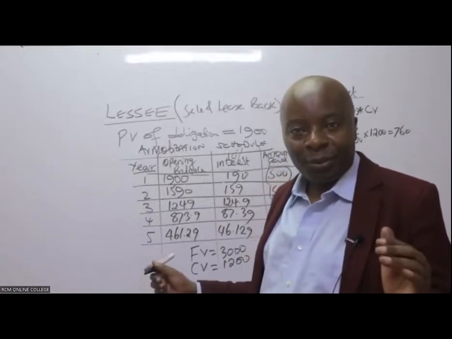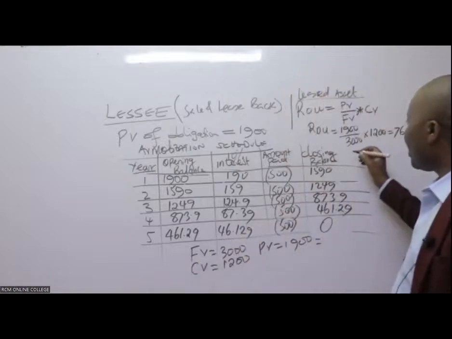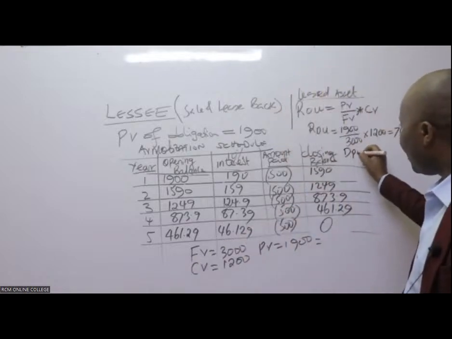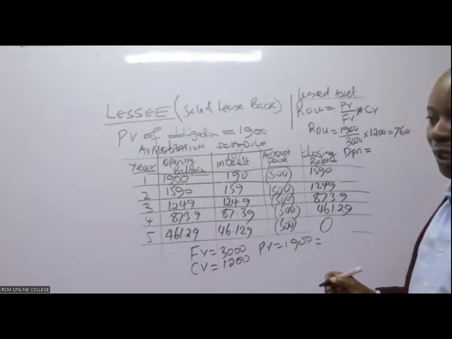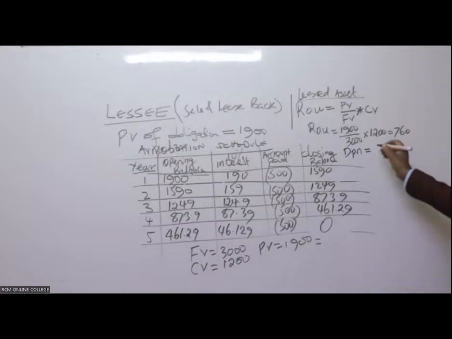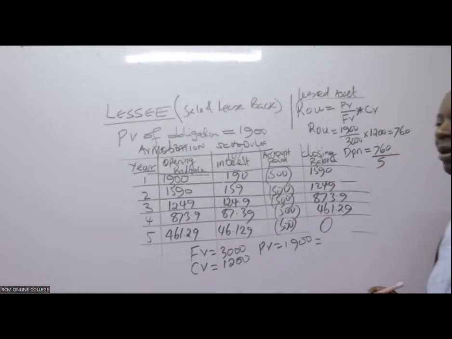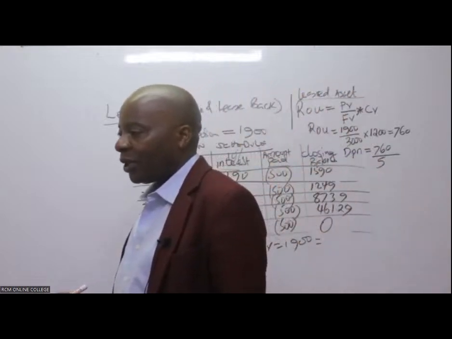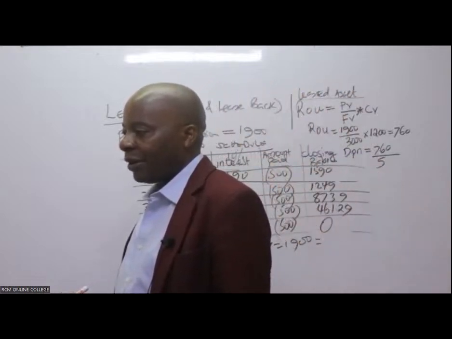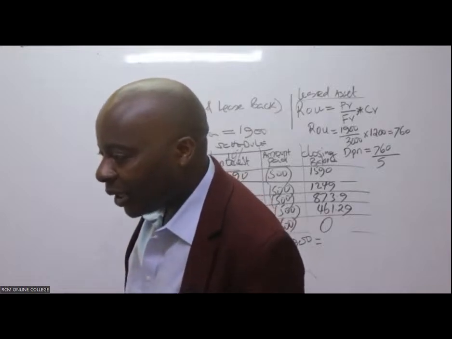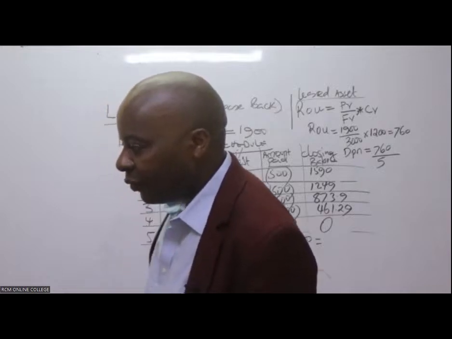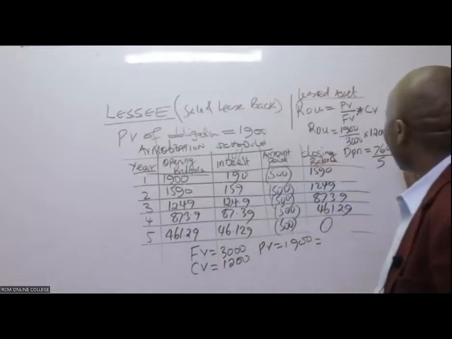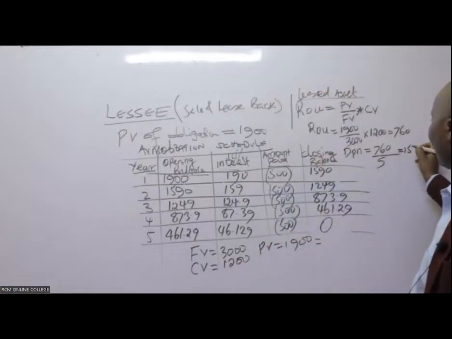Depreciation is always straight line: 760 over the lease life of 5 years. 760 divided by 5 gives me 152. This is very important for us.